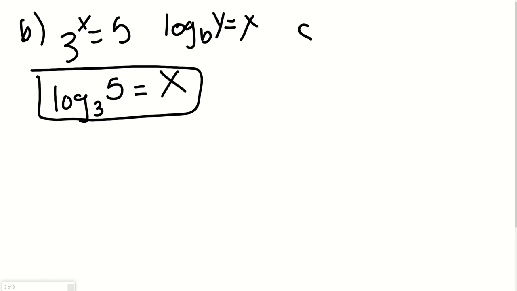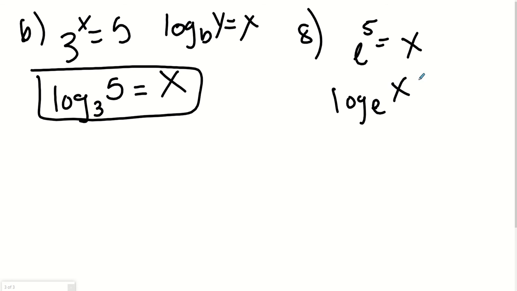Okay. Now, how would we do the e? Well, let's do that over here. We have e to the x equals 5. Now, e is my base, so let's put log e. What's my solution? x. Remember that the log is always equal to the exponent.